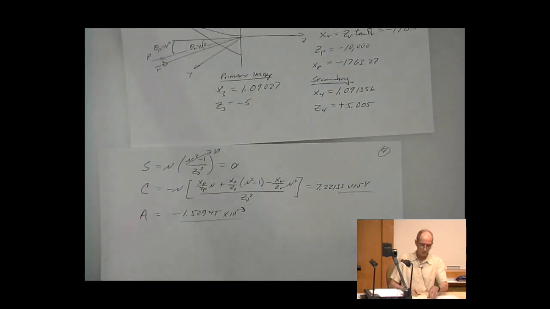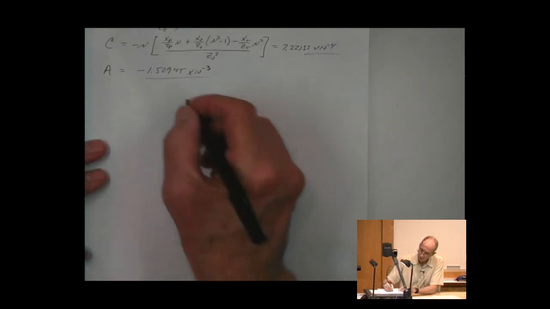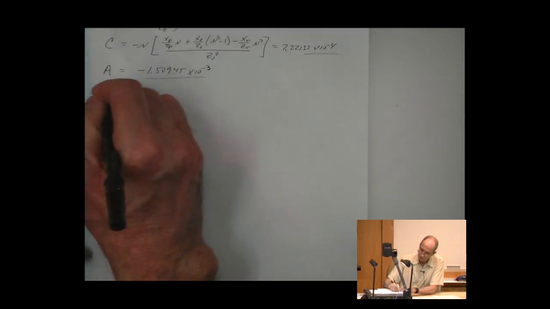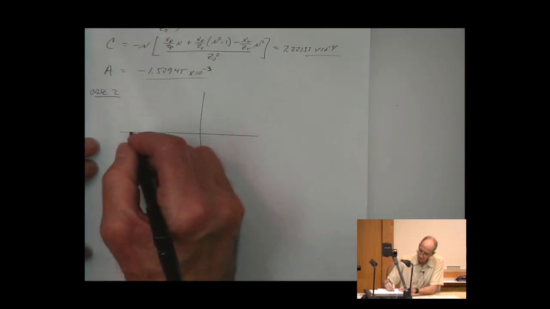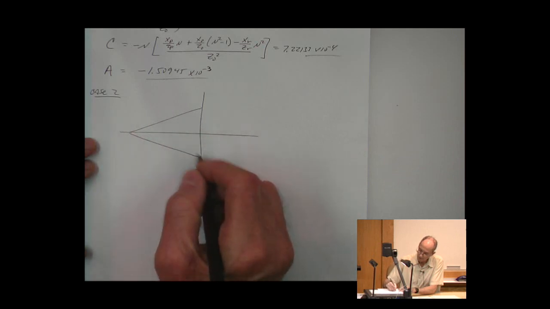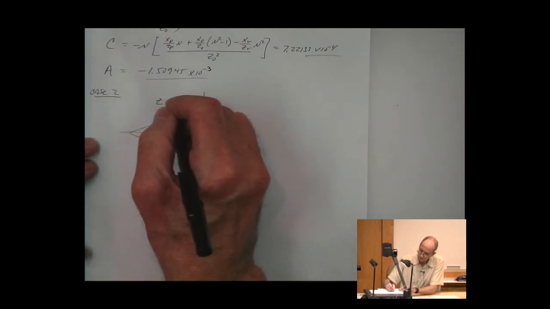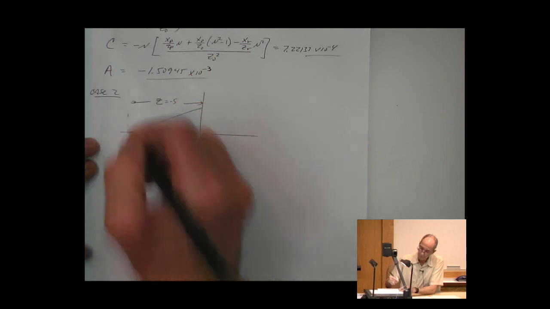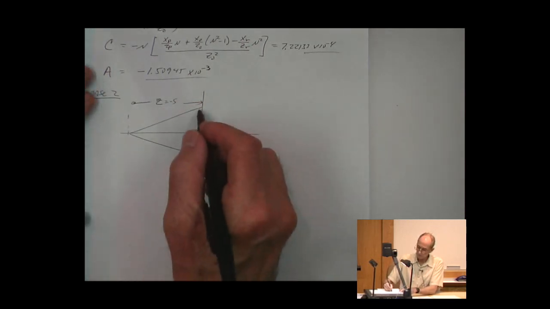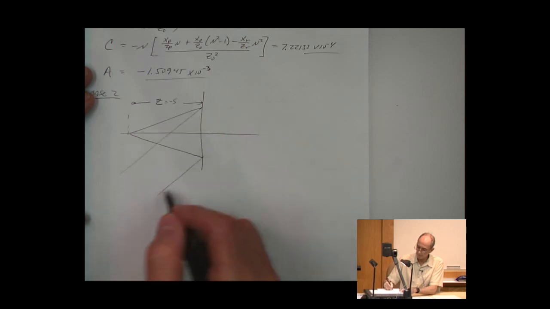All right, so now let's do the problem again, but let's put the point source on the axis. So let's here case 2. So now we have the point source on the axis, z equals -5 out there, and we're going to use the same kind of reference and reconstruction beam angle.